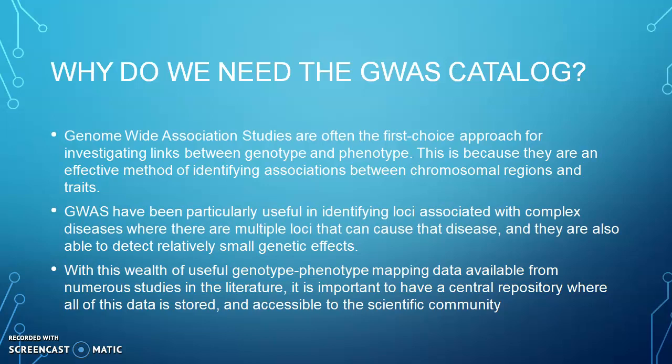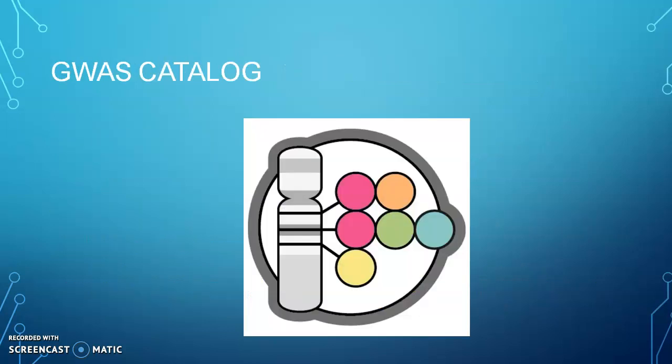GWAS have been particularly useful in identifying loci associated with complex diseases where there are multiple different loci that can cause said disease, and they are also able to detect relatively small genetic defects. With this wealth of useful genotype-phenotype mapping data available from numerous studies in the literature, it is important to have a central repository where all of this data is stored and accessible to the scientific community, and that's what the GWAS catalog does.